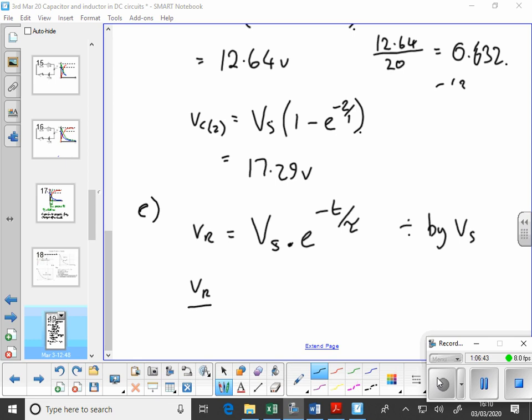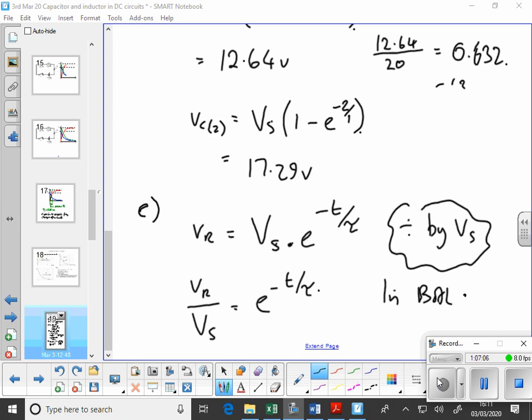Little VR over Vs is e to the minus t over tau. Then, Jake, what are we going to do? Apply the natural log to both sides, because that will cancel the e out. So, as our operation, ln both sides.